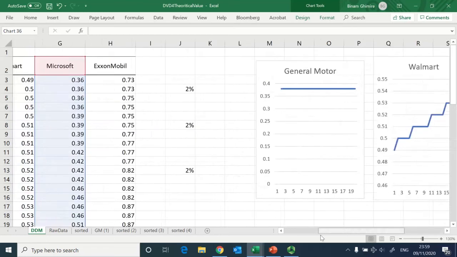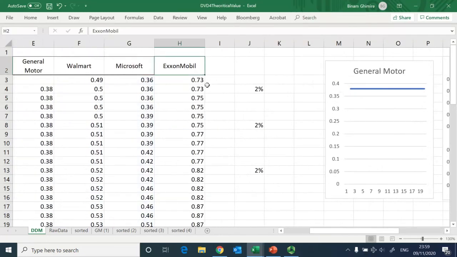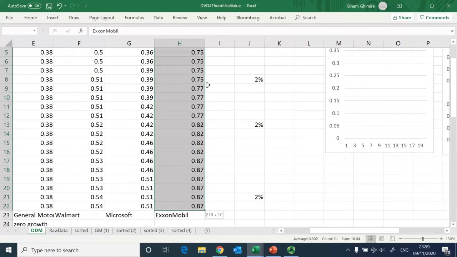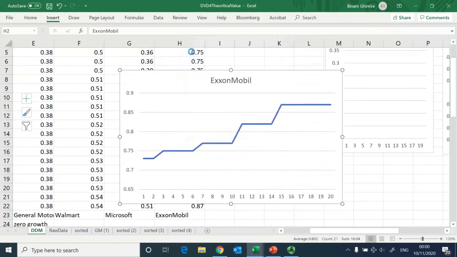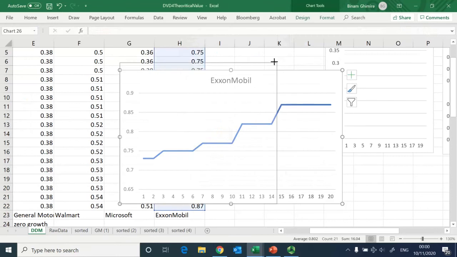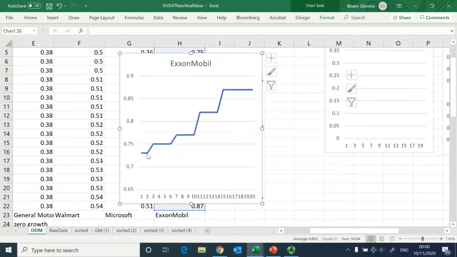Now the last company in our list is ExxonMobil. Let's see for ExxonMobil the dividend growth rate. This is slightly different. It sounds constant, one rate of growth halfway through, but halfway through it seems to have changed.